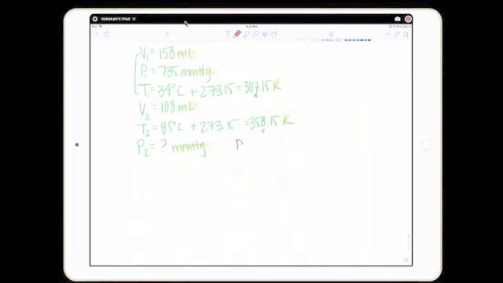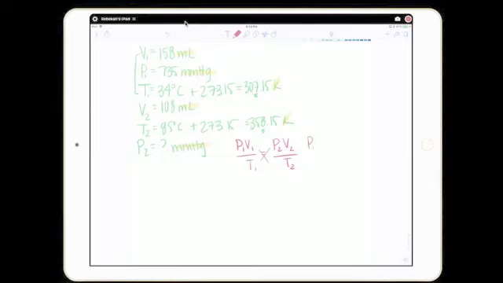So let's write out the combined gas law. Okay. Now we didn't talk about N, we didn't talk about moles, so we can just erase moles. Just erase it if you don't have that variable. The next thing I'm going to do is cross multiply.